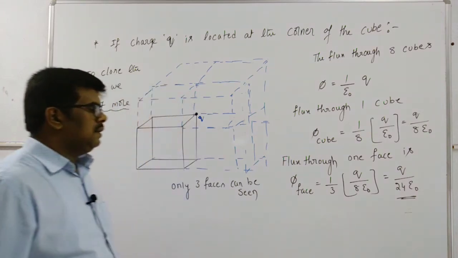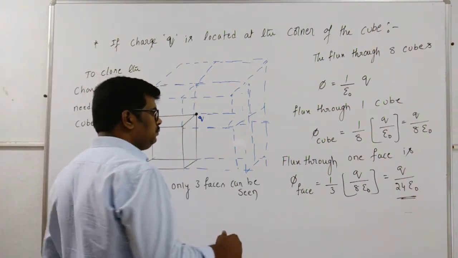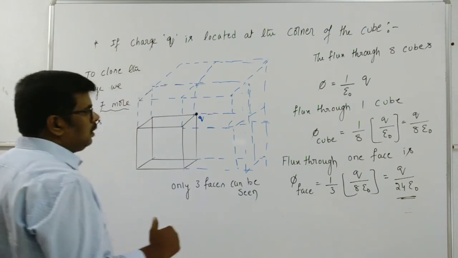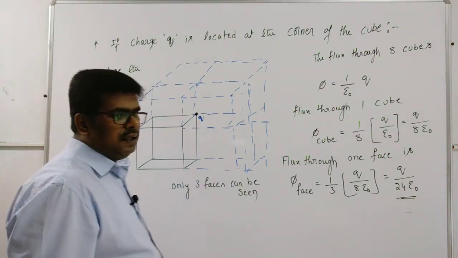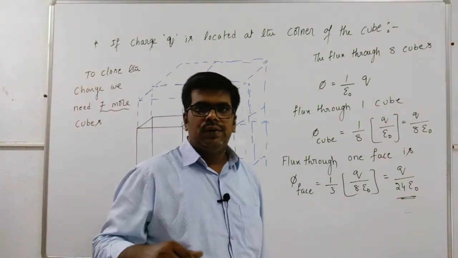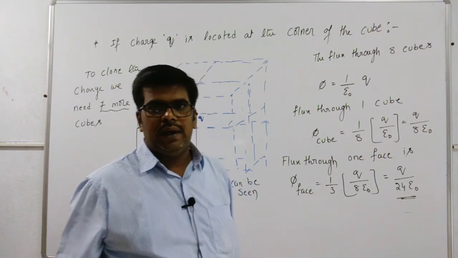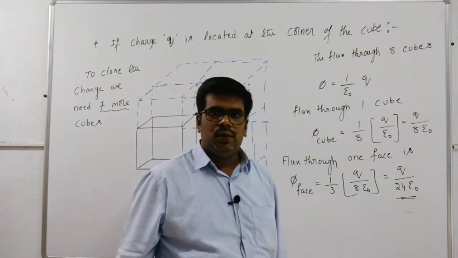And one more case, if any continuous charge distributed bodies are enclosed by a closed surface, what is the net flux through it?